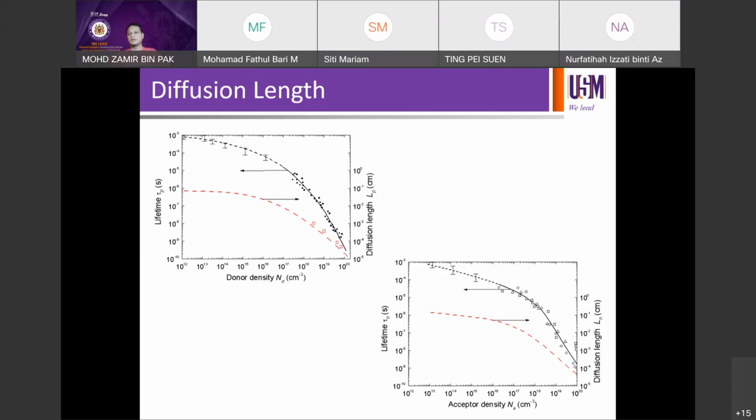So that's why when you learn this concept, you want it to be conductive in order to have small resistance in the device. But when you push it to be too conductive, you are going to compromise your carrier lifetime and diffusion length. So when you get a conductive layer or conductive device, that doesn't necessarily translate into better device performance, because you are compromising your lifetime and diffusion length at the same time.